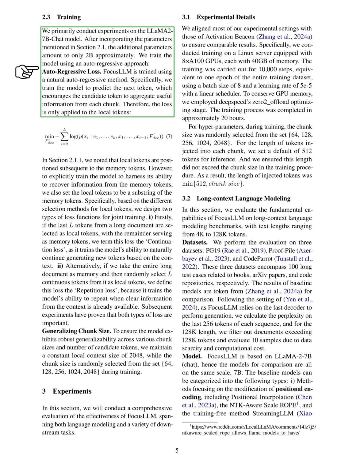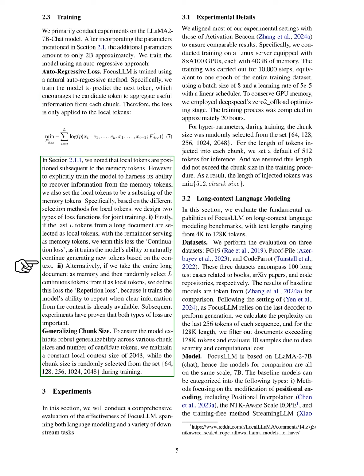For our experiments, we focused on the Llama 2-7B chat model. After adding the parameters discussed earlier, we found that the total additional parameters were around 2 billion. We trained the model using an auto-regressive method, where the model predicts the next token based on the context from each chunk. The loss function we used only applies to local tokens, which are positioned after memory tokens.